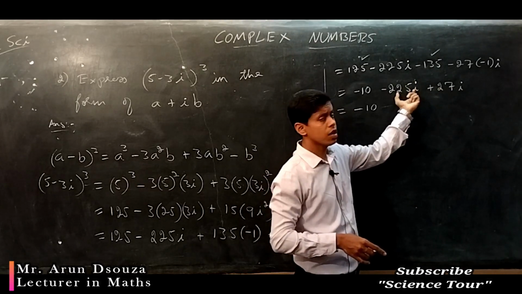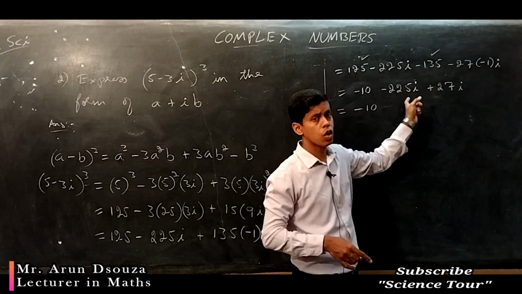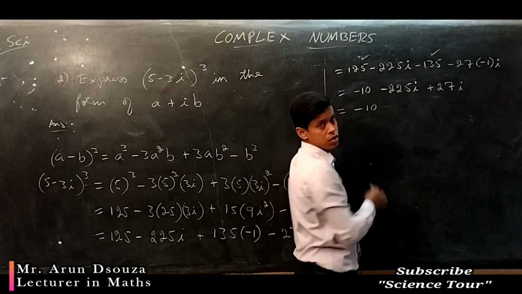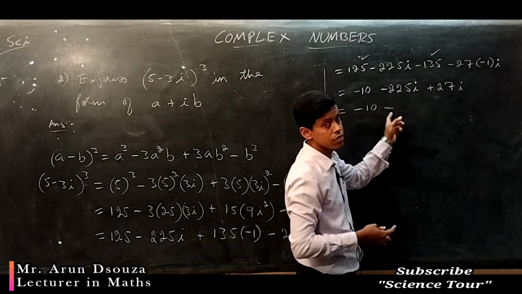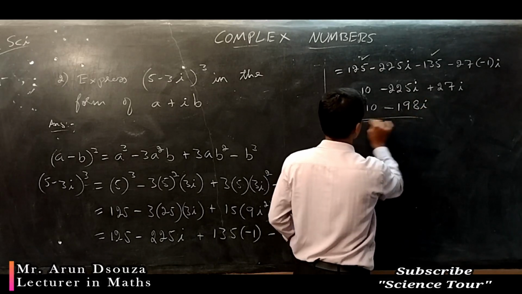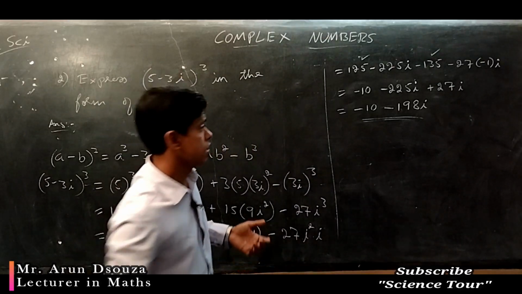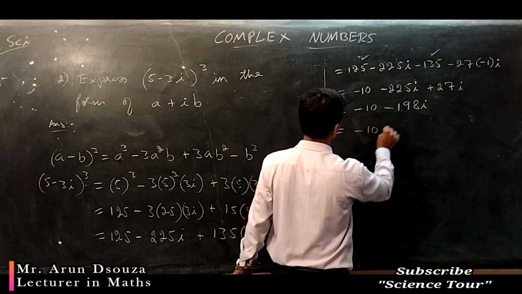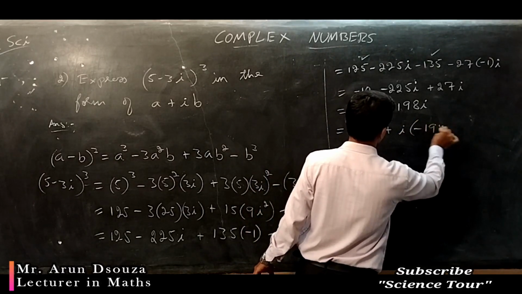So out of 225, if you remove 25, it will be 200, and again 2 you have to remove, so 198, and the sign is of the bigger number, so the bigger number is 225, the sign is negative, so this is 198I. So that is of the form A plus IB, or still if you want to write it in the proper order, then you will have to write it this way, plus I into minus 198.